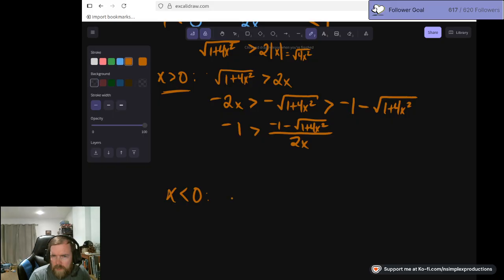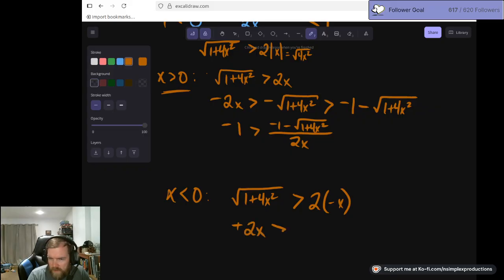For the negative branch, we still have this, however, that is going to now be negative. Just going to make this a positive 2x. It's going to be greater than negative square root 1 plus 4x squared.